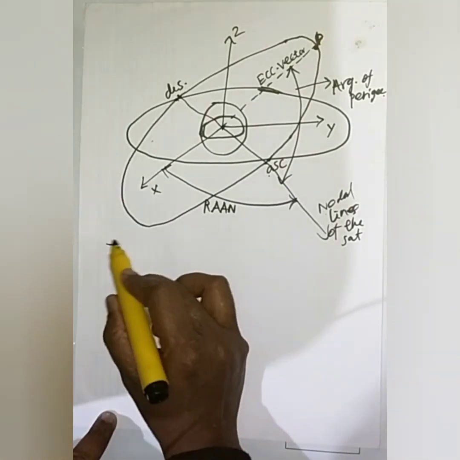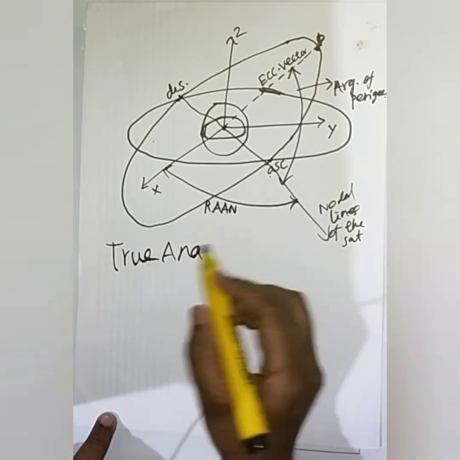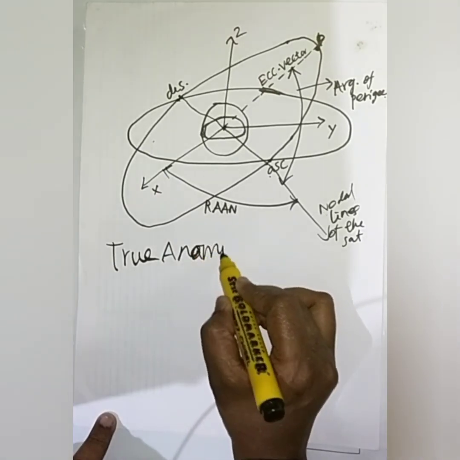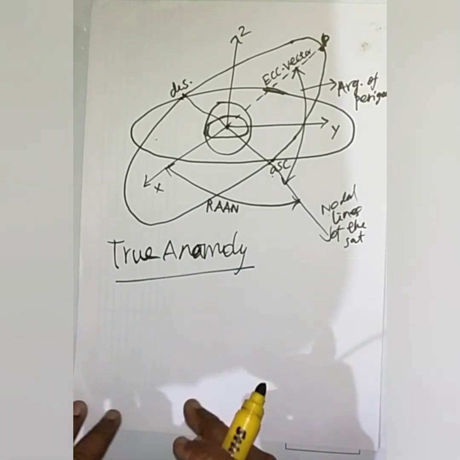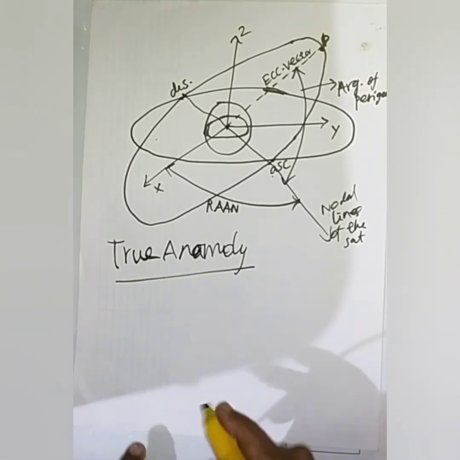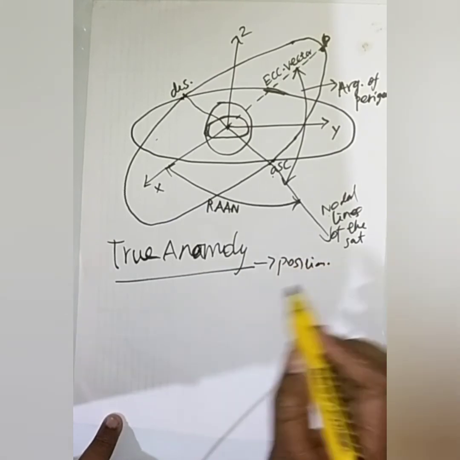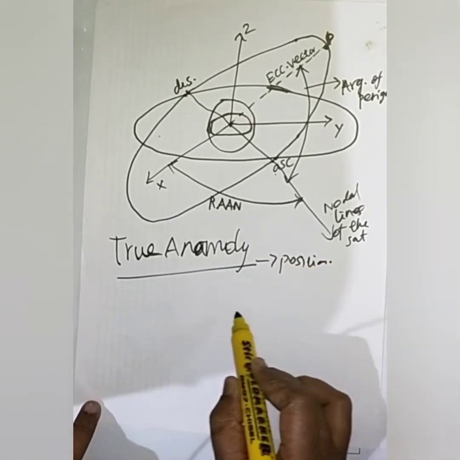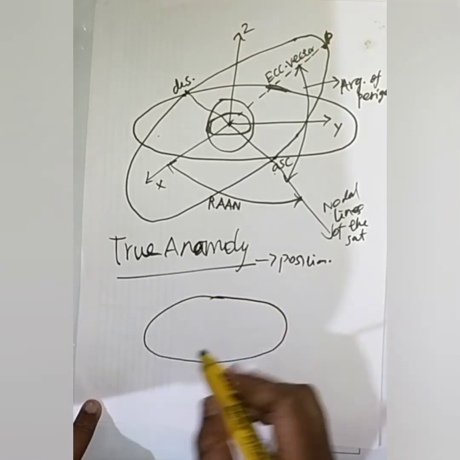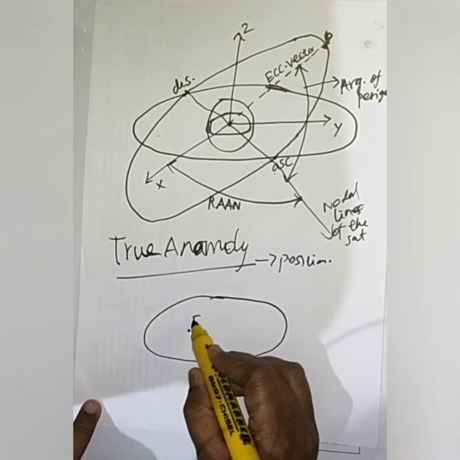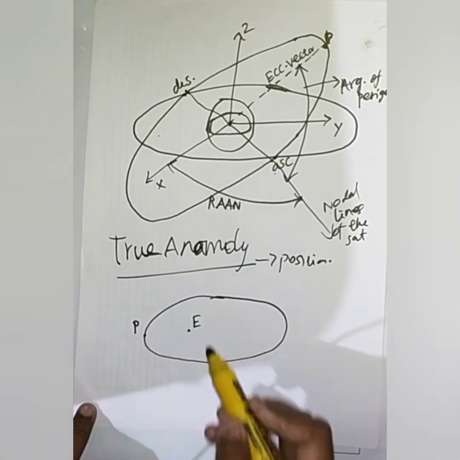The next parameter, true anomaly. It tells us the position of the satellite in an orbit. So the Earth is here, and this is the perigee point.